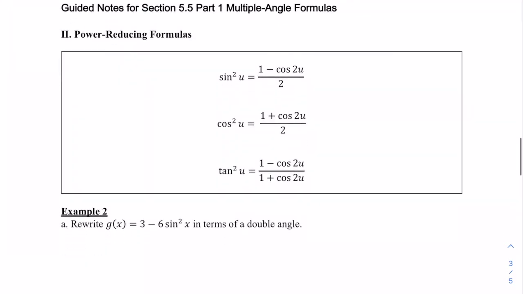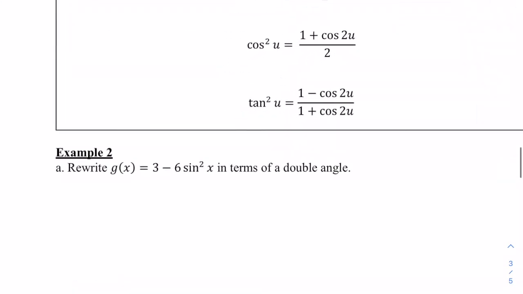All right, so we're going to look at the power reducing formulas. So here we have cosine squared, and it looks very similar to the double angle formulas. So we're going to rewrite g of x in terms of a double angle. So when we have g of x, we can actually substitute in sine squared.